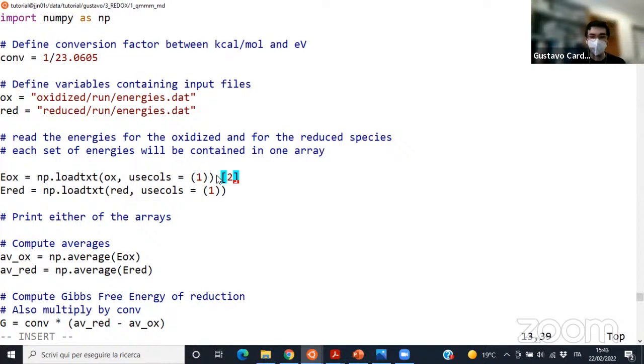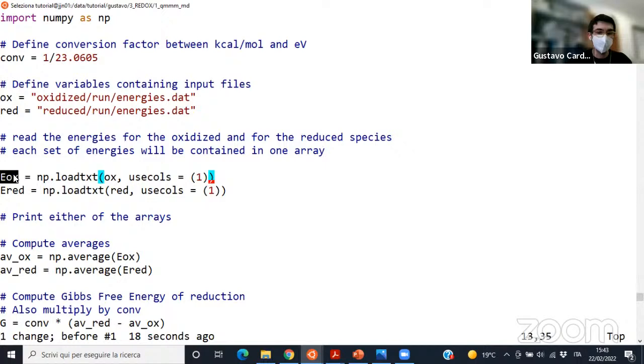So for example, the first energy is minus 23,456, then the second is minus 3,567, and so on and so forth. So this EOX is going to be a list containing these values. So we have one for the oxidized, one for the reduced.